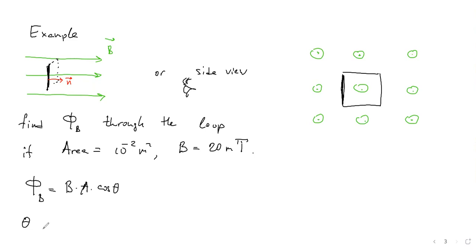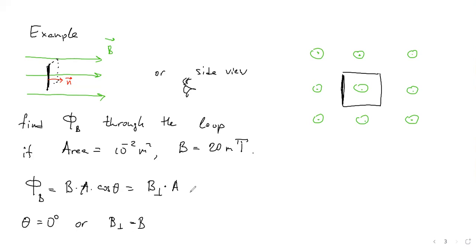There is another way to look at this equation: find the B perpendicular to the loop. My whole magnetic field is now perpendicular to the loop, so I don't have any parallel component. I don't need any cancellation, so my B perpendicular is just the total field.